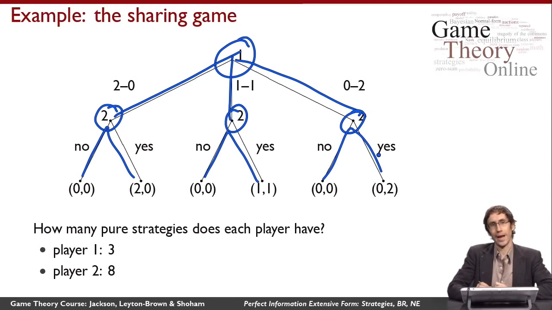But the reason that there are 8 pure strategies is that a pure strategy really is every combination of choices that player 2 could make in the aggregate.